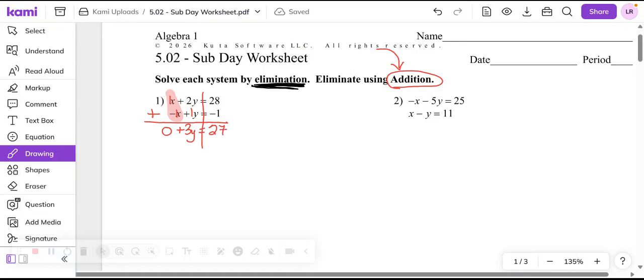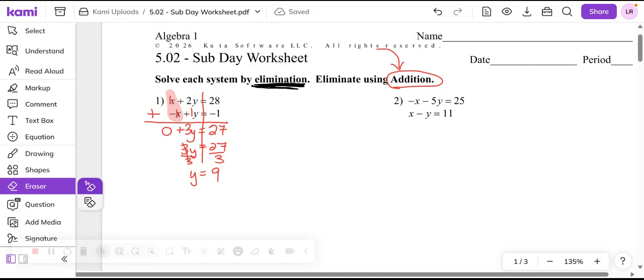Now from here I'd be able to solve the equation. Right now, notice I don't have an x, I just have 3y equals 27. So I solve the equation just like we learned last semester. Divide both sides by 3, and the y variable would be 9.